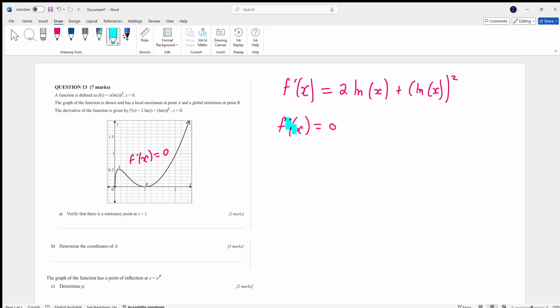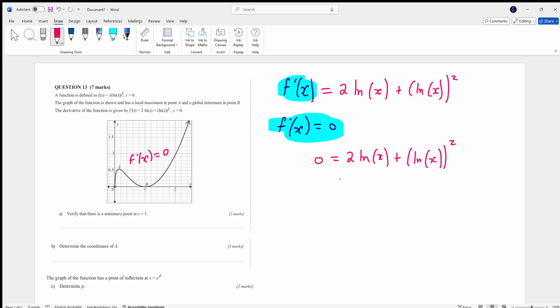So we're going to replace that with 0. So you get 0 equals 2 ln of x plus (ln of x) all squared. Now you might be wondering, how do we start solving this? Well, in my opinion, if you start rearranging it, you will run into some issues because you're going to miss some important attributes.